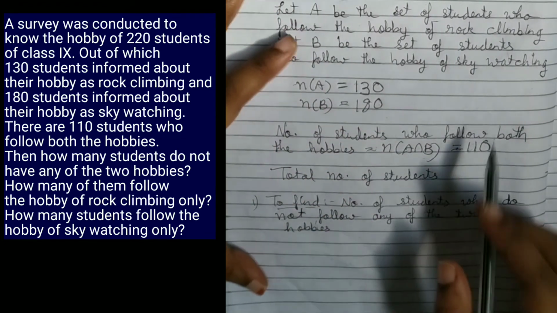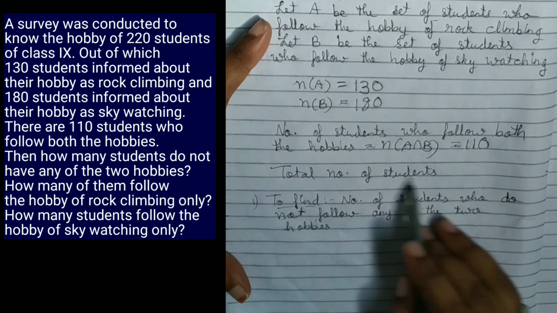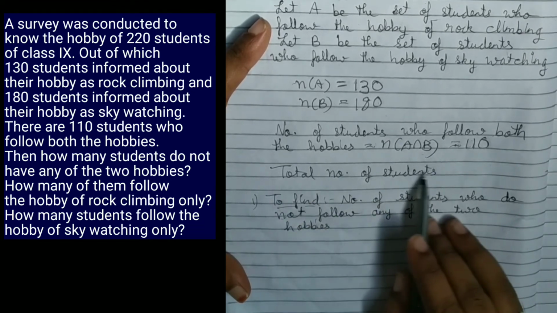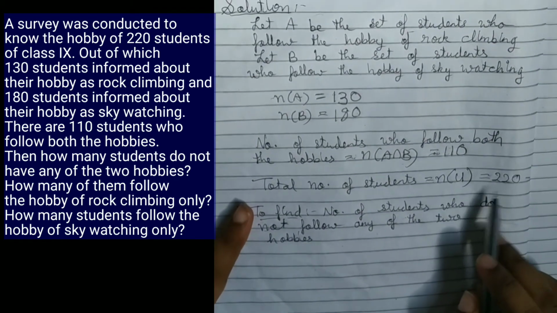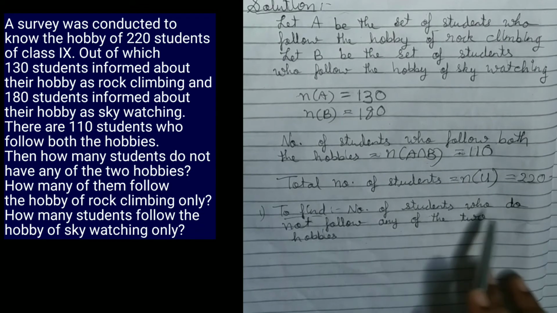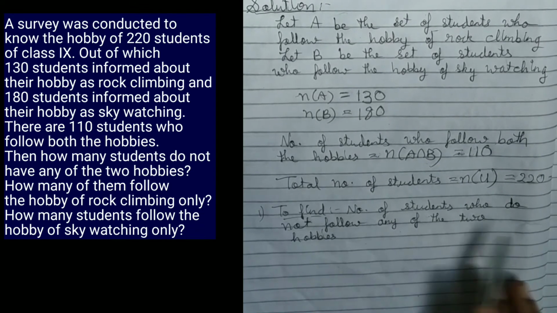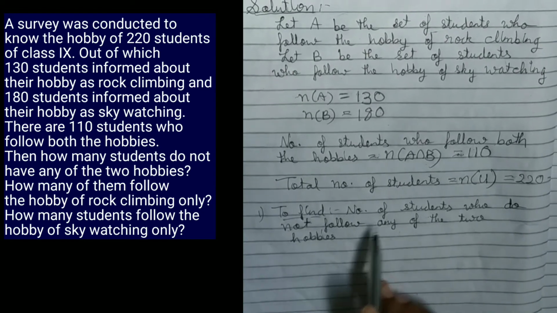So the total number of students will be 220. That is the universal set. Okay, total number of students is the universal set, 220. Okay, to find the number of students who do not follow any of the two hobbies. Who do not.